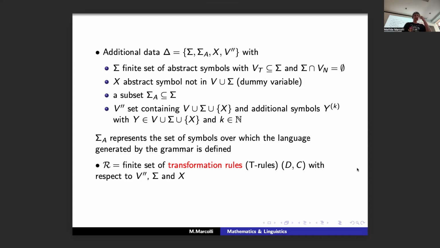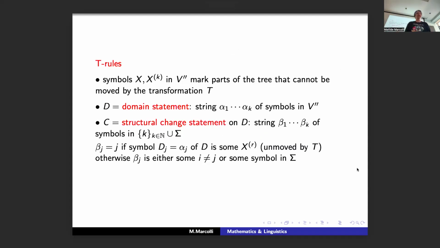So the transformation rules will take the form of some set of symbols that tell you, when you look at the corresponding strings produced by certain parts of the tree, some of them would be blocked from moving, others would be movable, and there would be some rule that tells you how to transform those.